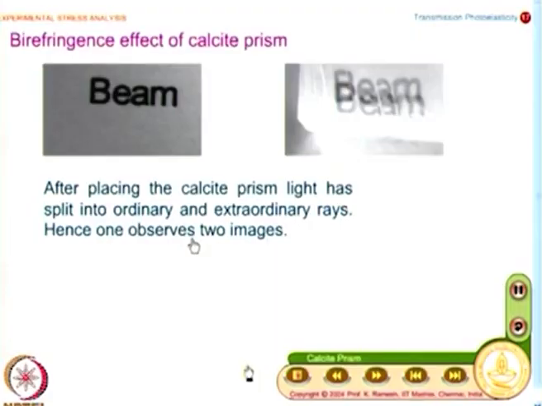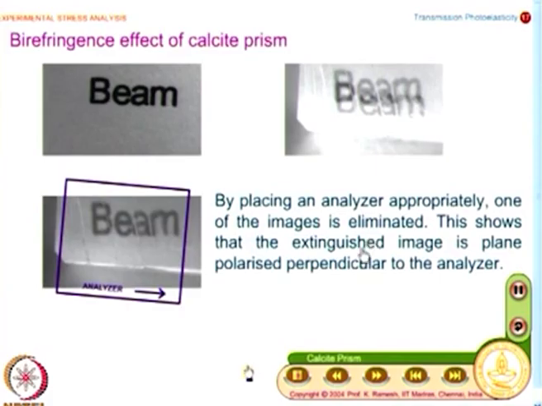So, I am going to put a Polaroid sheet on top of it; the intermediate process is not shown, the final result is shown here. I have an analyzer and I orient it in this direction. What do I see? I see only one of the images, what I saw as two in the earlier case.